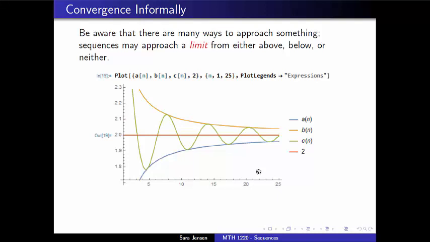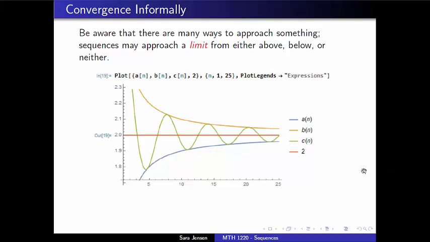And so it's important to keep that in mind, that this behavior is possible and very acceptable as convergent behavior. It's okay to sometimes be above the limit and sometimes below the limit, and then to switch back and forth between those things, as long as you're still ultimately getting values that are getting closer and closer to the limit. So that's important to think about.